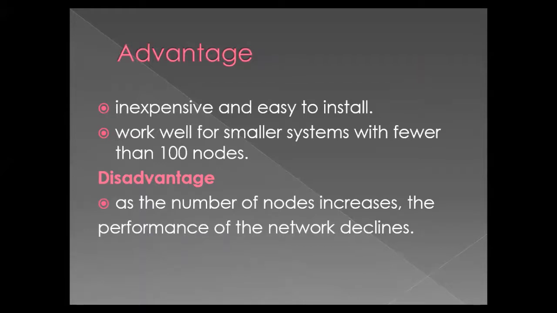A disadvantage is that as the number of nodes increases, meaning if the number of computers in the network increases, the performance of the network declines. So a peer-to-peer network works best when there are few computers, that is less than 100 nodes, and it is very cheap and very easy to install.